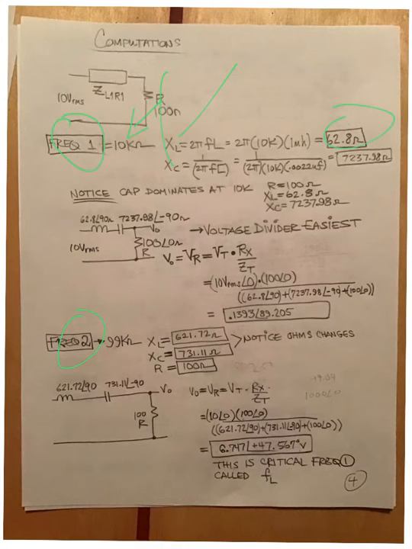And we get 62 ohms, and we see that the capacitor is much bigger at the lower frequency, which we would expect in this curve. The cap dominates to the left, the inductor dominates to the right, and right in the middle, the resistor is the only component left at resonance. So once we've calculated X sub L and X sub C, and I want you to realize we do this over and over, see?